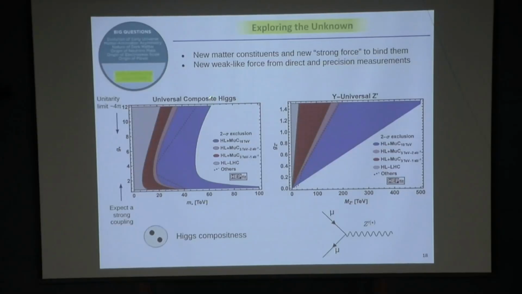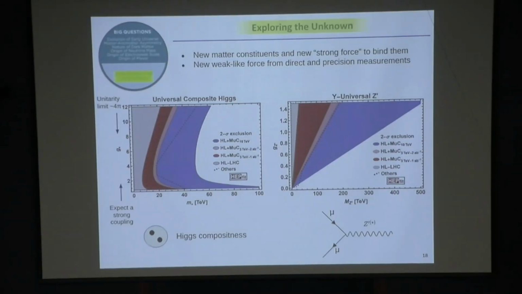And other proposals of new colliders are summarized in this dashed line. So actually a Muon collider really excels in this type of measurement. Or we can have a new weak-like force. In a very lazy way, we call it Z prime, just to repeat the same letter we know about. And again, the gray band is how much we can probe the scale of such a new force with the current colliders, and you can expand through a Muon collider to much, much larger scales.